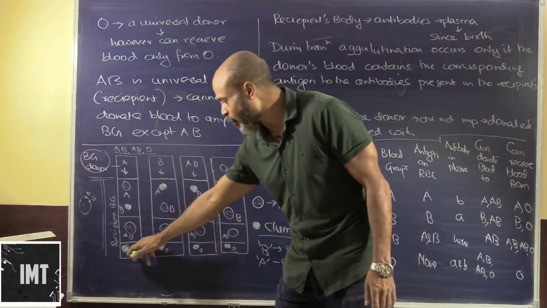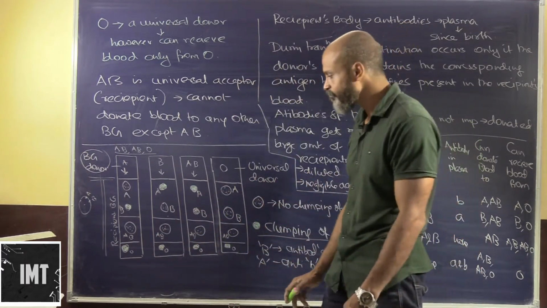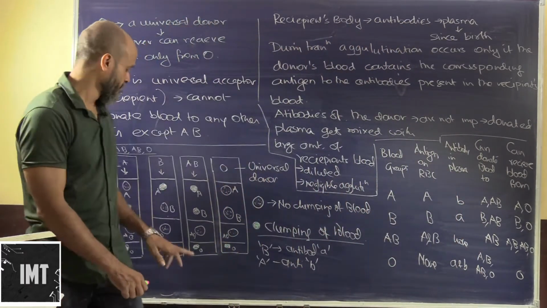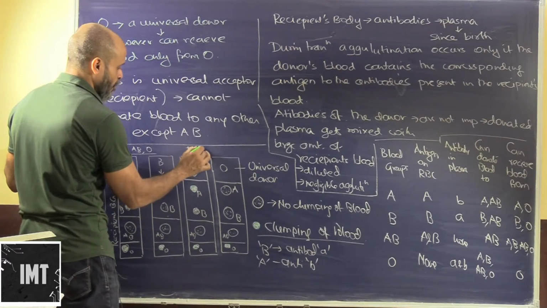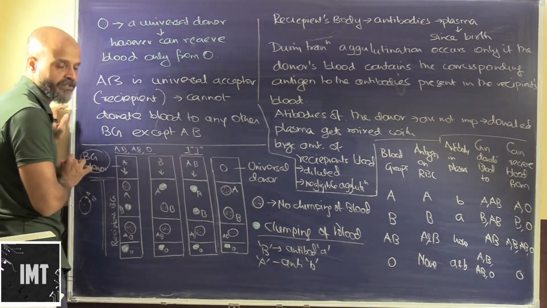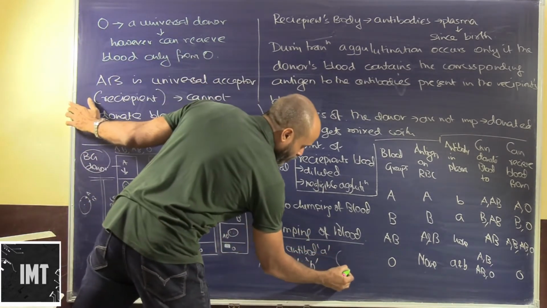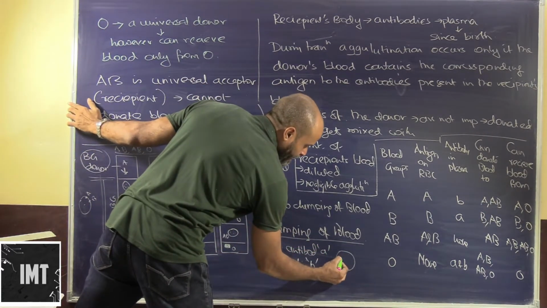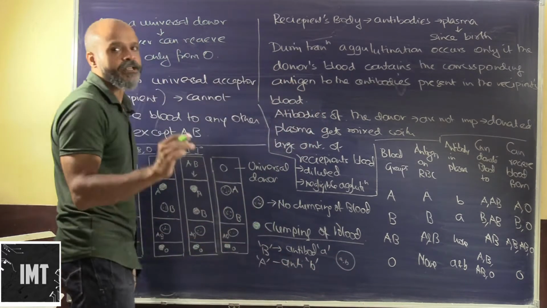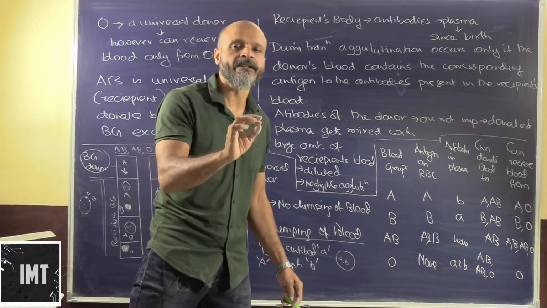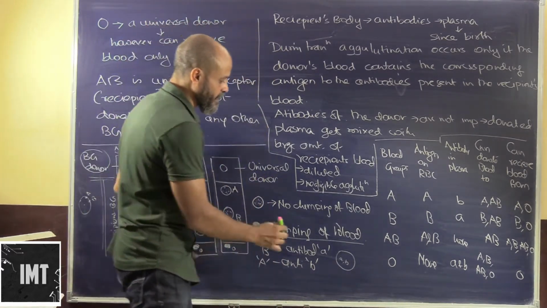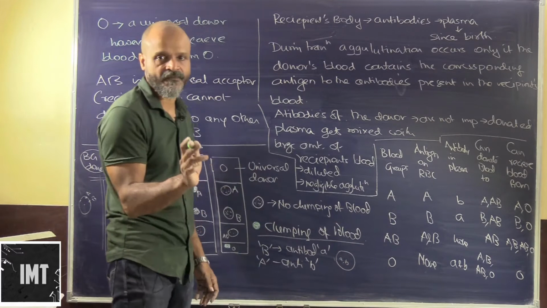If it is an O blood group, then what will happen? O blood group results only due to a recessive combination. In O blood group, both antibodies A and B are produced. Since O is a recessive allele and a recessive allele doesn't produce proteins, there will be no antigens on the surface.